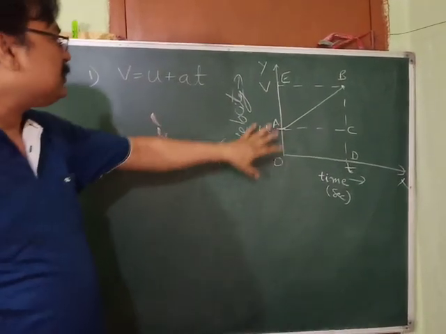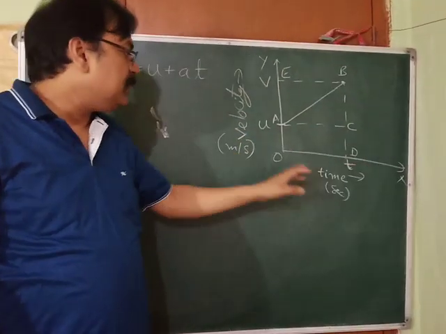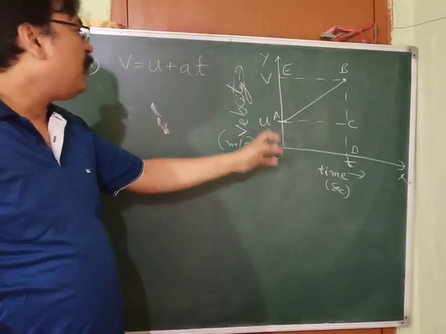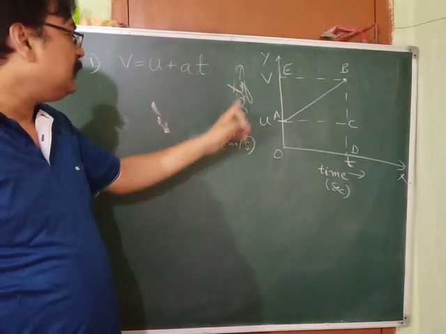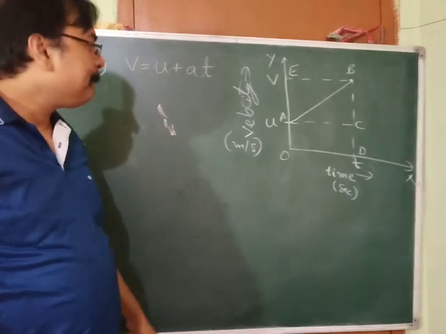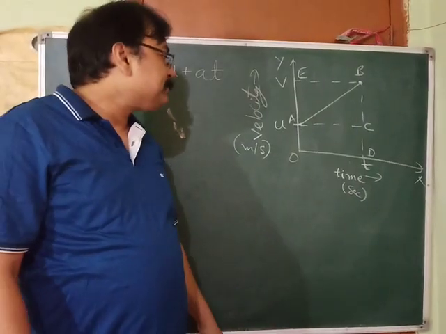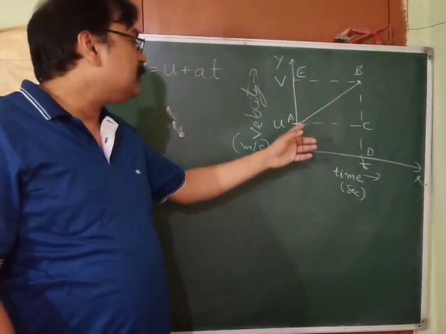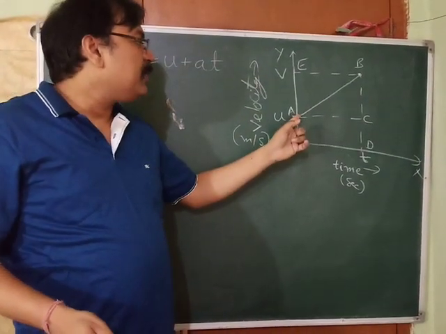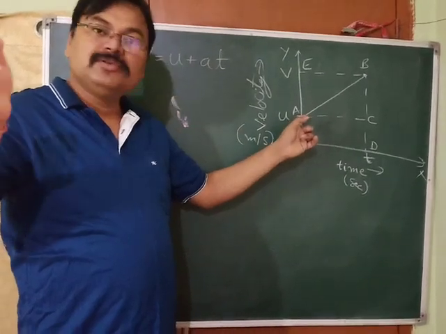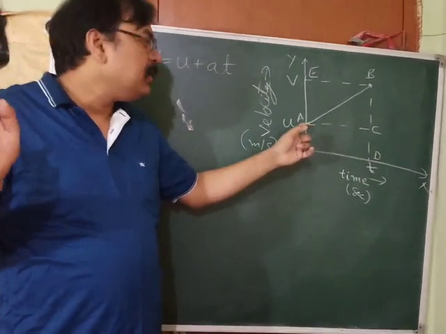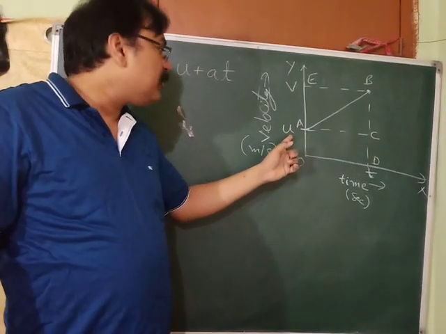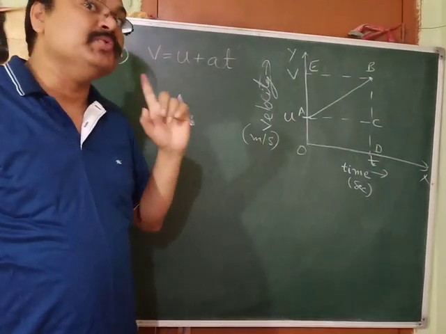Now how to derive? This is our graph. Along the x-axis we have taken time in seconds, and along the y-axis velocity in meter per second. An observer was standing near the road and saw a vehicle come into his sight. When the vehicle came into the observer's sight, its velocity was u.